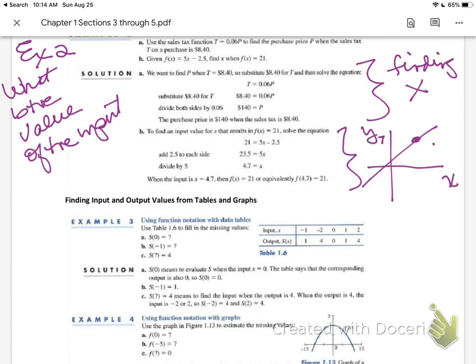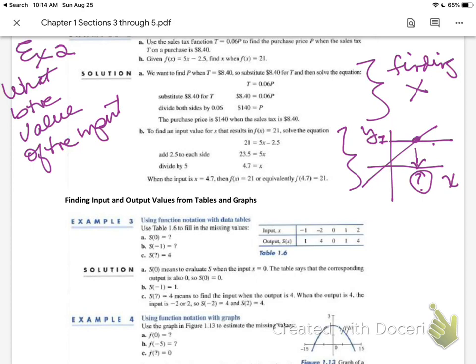If they give you this 7 here, and they want you to figure out this, what you would do on your graphing calculator is draw another line right here, and I want to see the intersection, because where they intersect, I can then get this question mark. So algebraically, you would do it this way, as they've shown you in this solution to problem 2. Graphically, you're looking for an intersection. In any event, you will get the exact same answer.